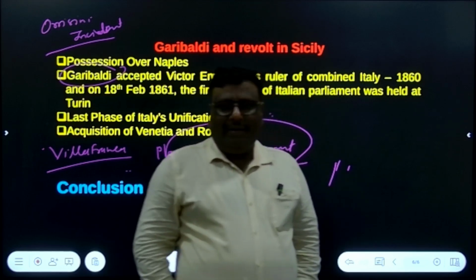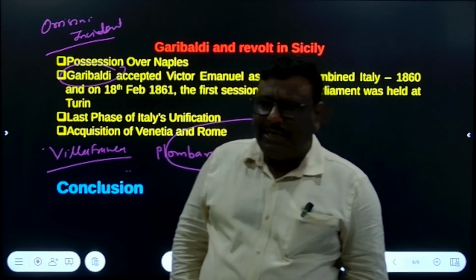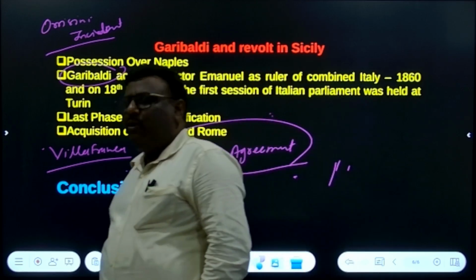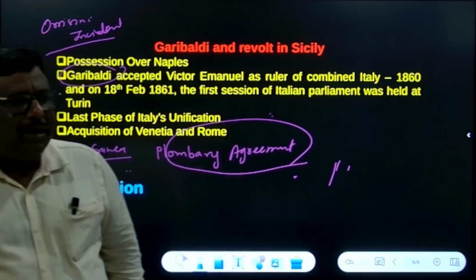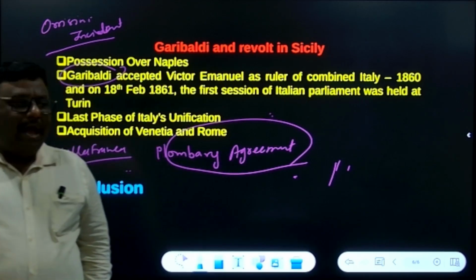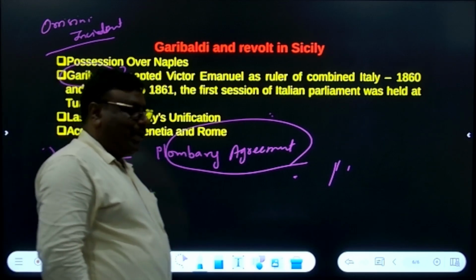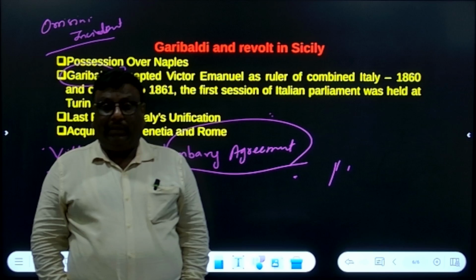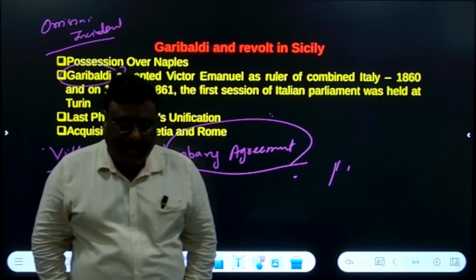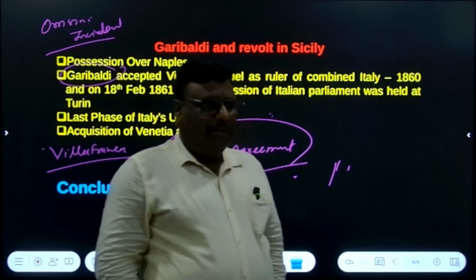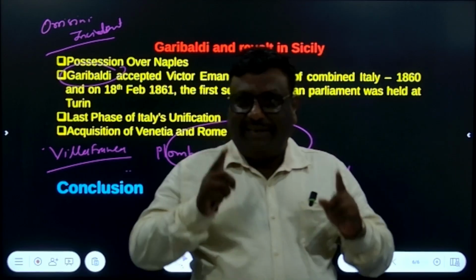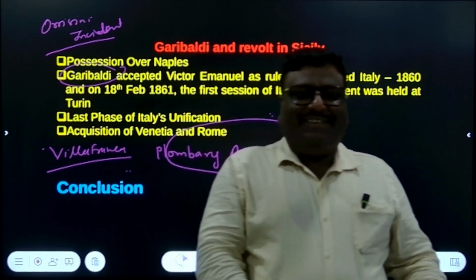Cavour met with Garibaldi and asked him to surrender his rights to Sardinia. Garibaldi immediately became ready and surrendered all the conquered regions to Sardinia. And when Garibaldi was asked what type of designation he needed in the administration of Italy, he should think about this.